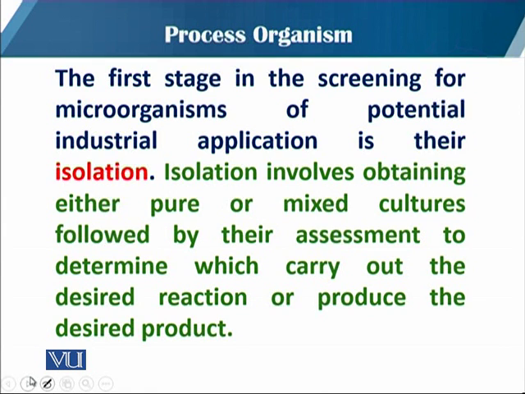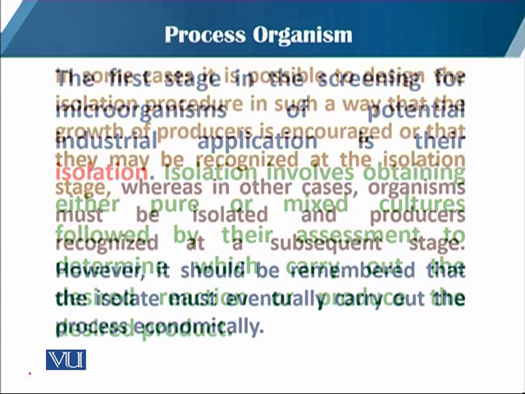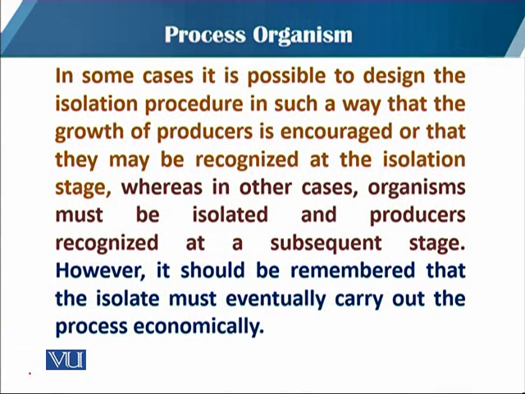Isolation involves either pure or mixed cultures, followed by assessment of their production potential. In some cases, it is possible to design the isolation procedure in such a way that the growth of producers is encouraged and they may be recognized at the isolation stage, whereas in other cases the organism must be isolated and producers recognized at subsequent stages.